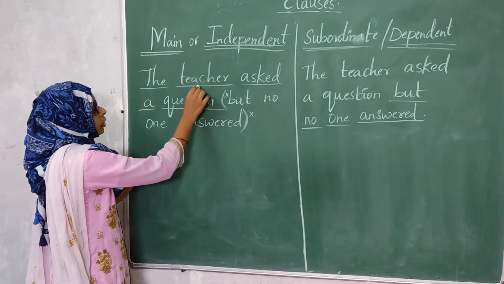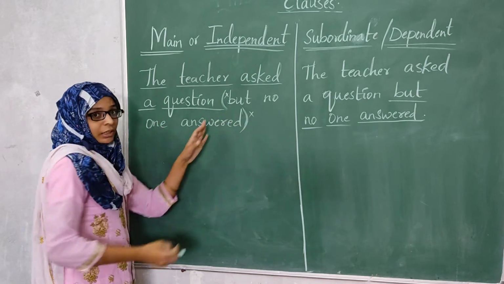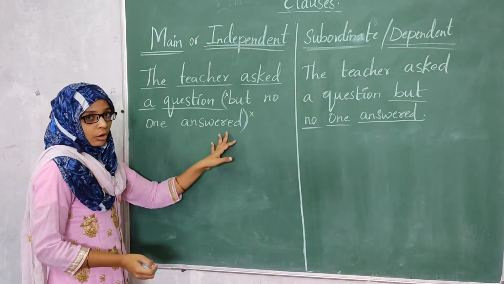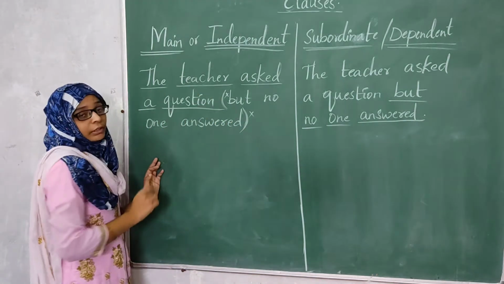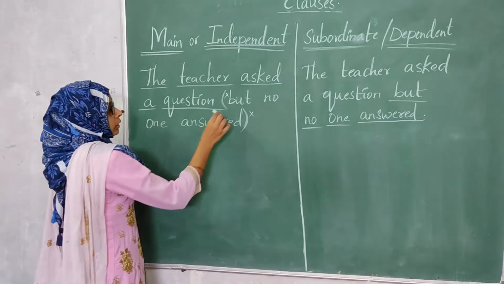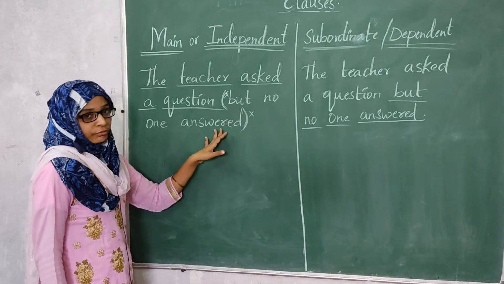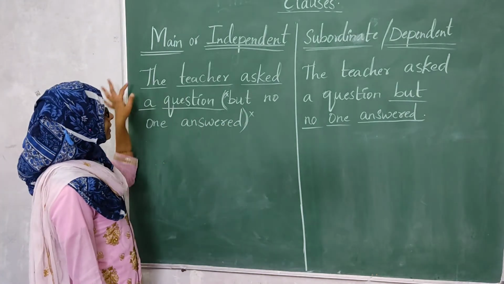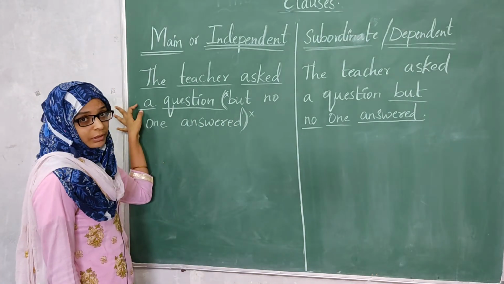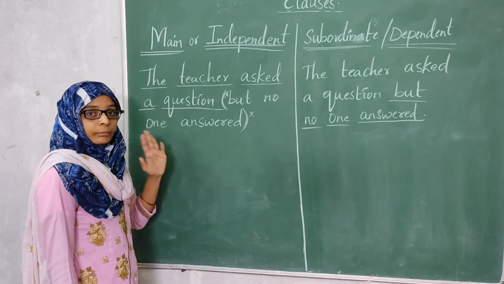So this need not depend on some other phrase or some other clause to give the complete information. If we remove this phrase or this group of words also, this is giving us the complete information. This is giving us the complete meaning.